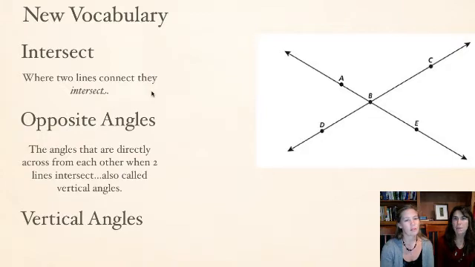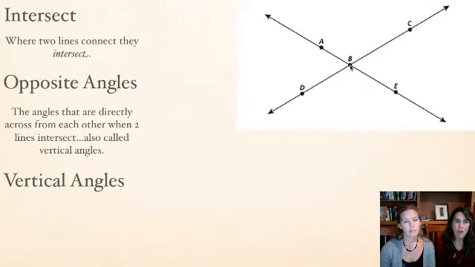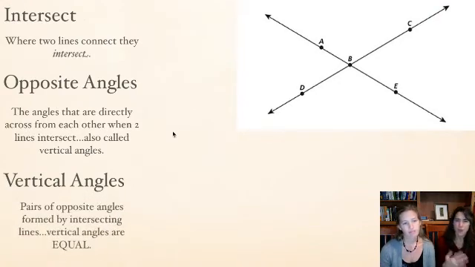We have opposite angles, and those are directly across from each other when two lines intersect. What's interesting is that another word for them is vertical angles. So you can use those interchangeably, either say opposite angles or vertical angles. Basically, they're just opposite each other, and they are equal too.